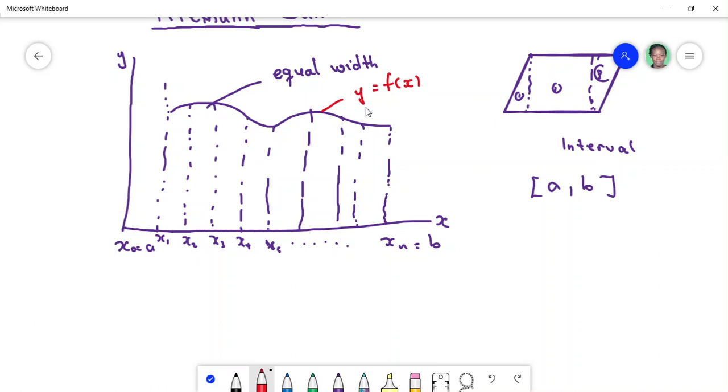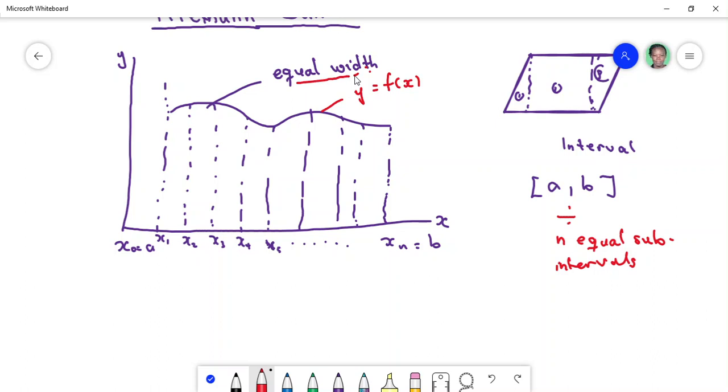And we divide this interval. Okay, so you realize that we divide this into n equal sub-intervals. This is the interval, and we are dividing it into equal width.